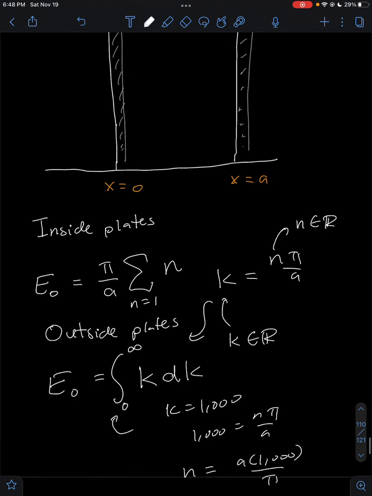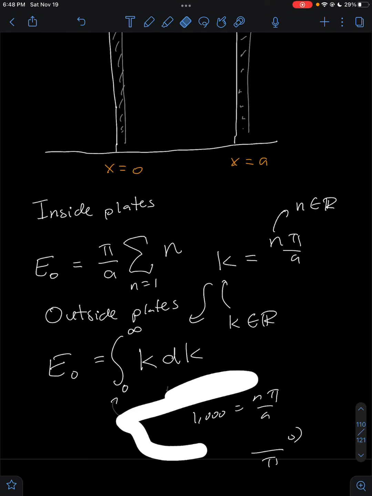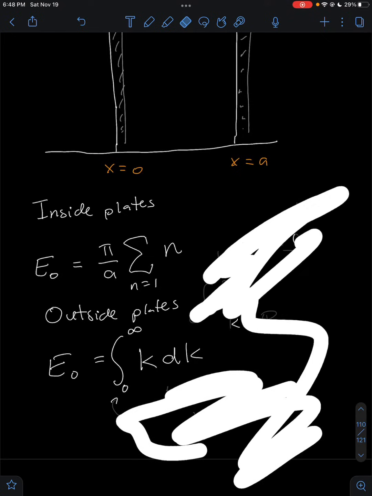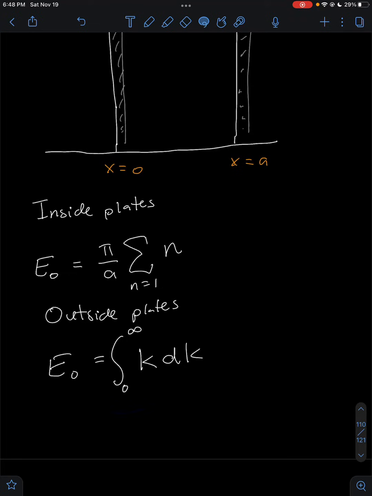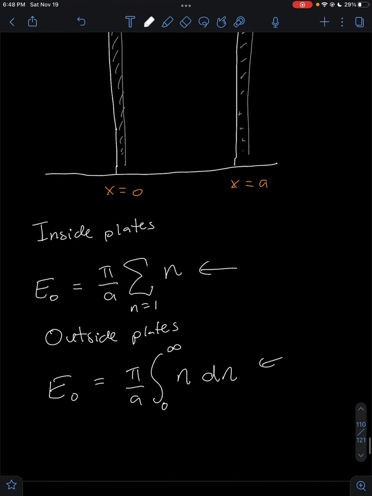So we can still write k equals n pi over a, even if k is not quantized, as long as n is not quantized either. So we can still actually write this integral as being the integral from 0 to infinity, then moving that pi to the front, and now it's going to be an integral over n instead.